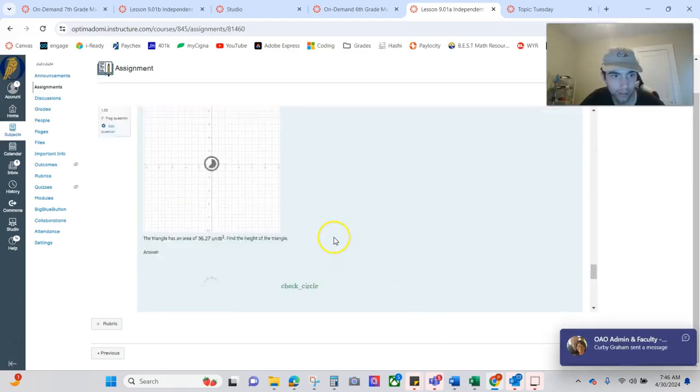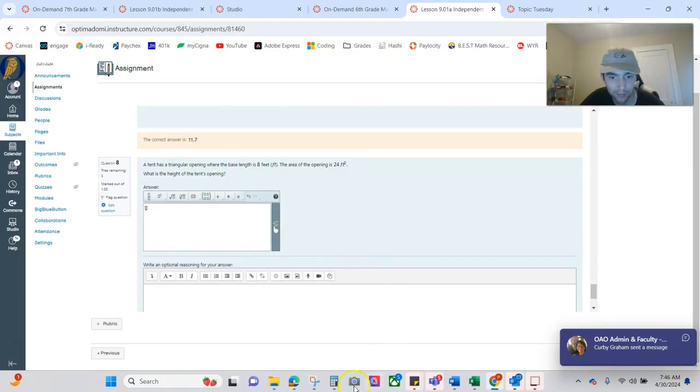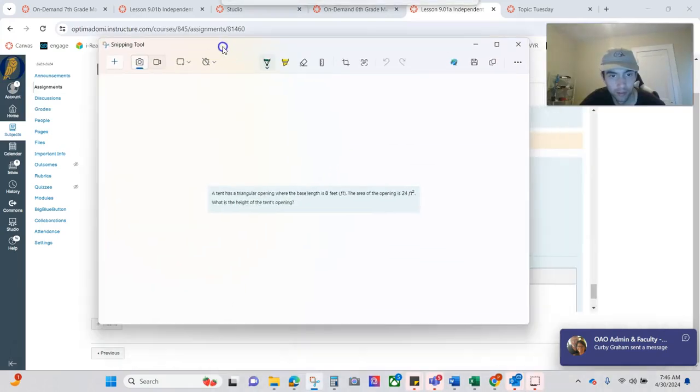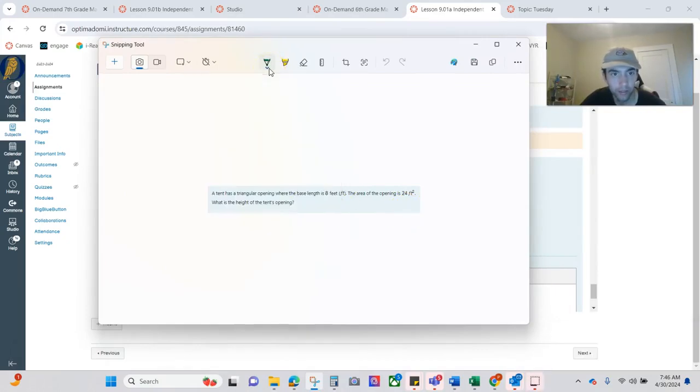Another question. Last question. A tent has a triangle opening with a base of 8. Okay, so another backwards question where we want to find the height. The base is 8. The area is 24 feet squared. But what is the height?